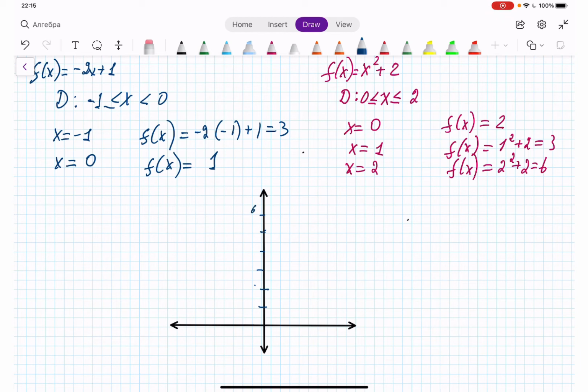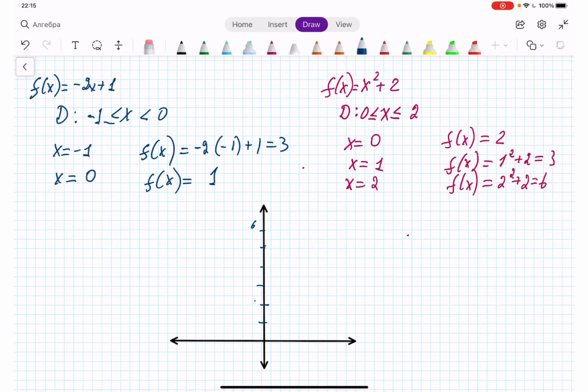Okay. So first we are going to build negative 2x plus 1. When x is equal to negative 1, y is equal to 3. So this is negative 1 and y is equal to 1, 2, 3. This is 1 point, and when x is equal to 0, y is equal to 1. Here it is. Now, negative 1 is included. 0 is not included.